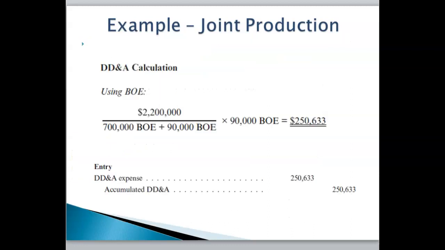So we have our net capitalized costs of 2,200,000. We're going to divide that by the proved developed reserves of 700,000 barrels of oil equivalent plus our production of 90,000 barrels of oil equivalent. We're going to multiply this times the production of 90,000 to give us DD&A expense of $250,633.